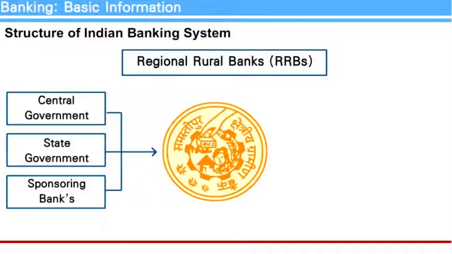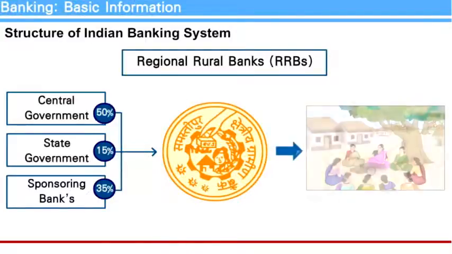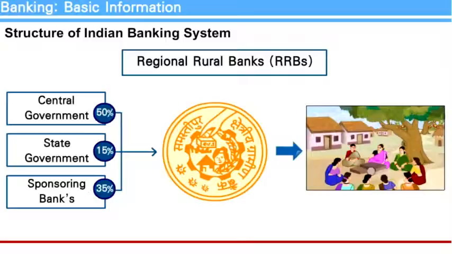The ownership structure of RRBs includes central government 50%, concerned state government 15%, and the sponsoring bank 35%. RRBs are established with a focus on rural development.